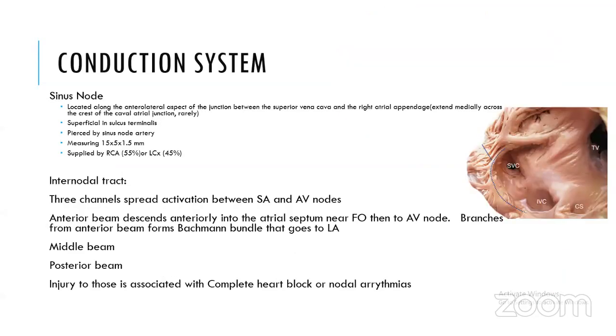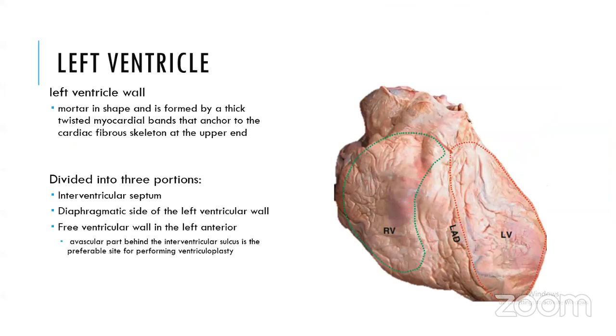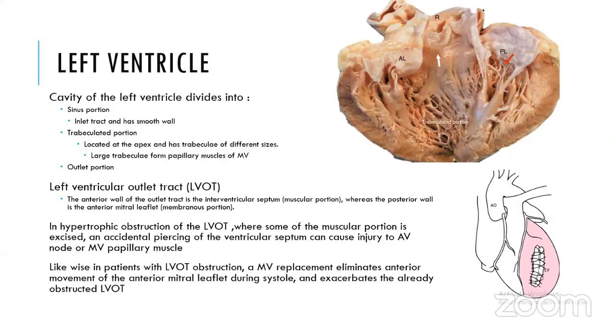Moving on. The left ventricular outlet tract, where it terminates in the aorta, has two walls: the atrial leaflet of the mitral valve and the interventricular septum.